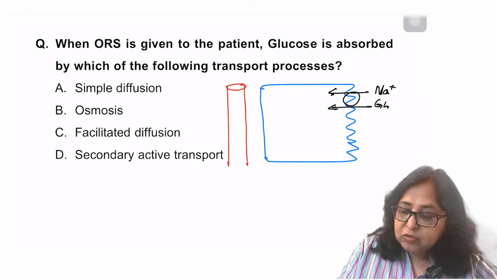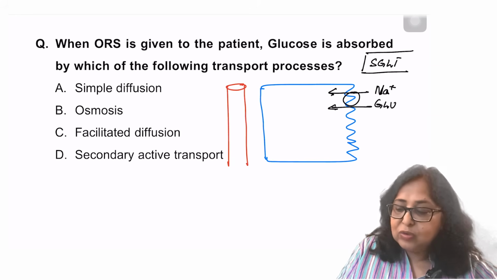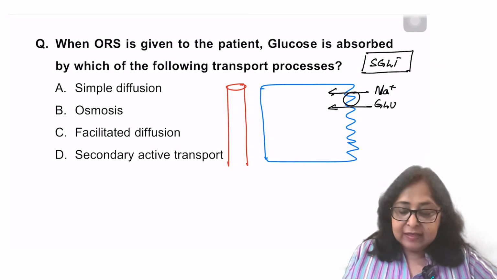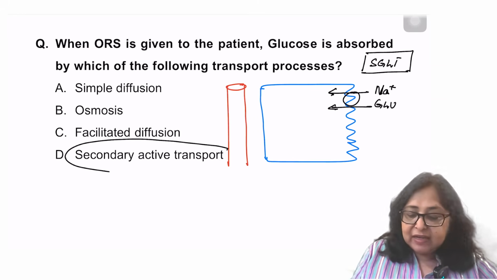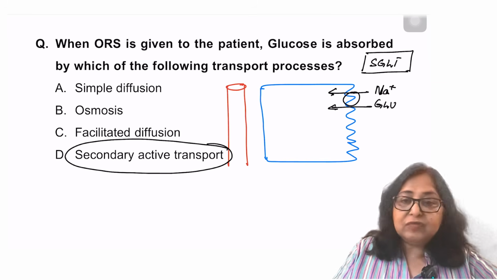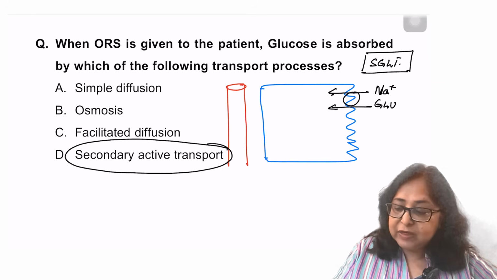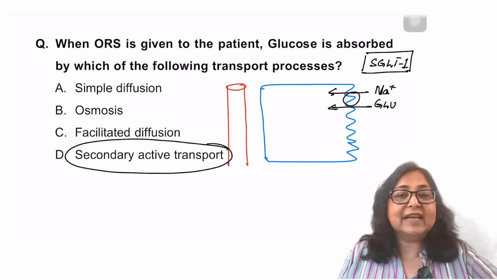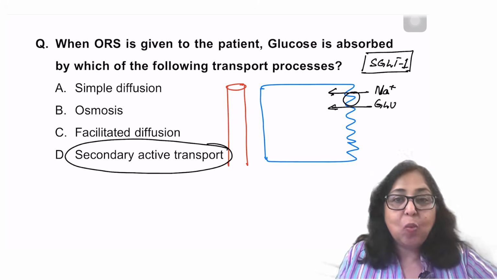And this is also known as SGLT, sodium-glucose linked transport. This is an example of secondary active co-transport. The protein which is responsible for absorption of sodium and glucose here in the small intestine is SGLT1.